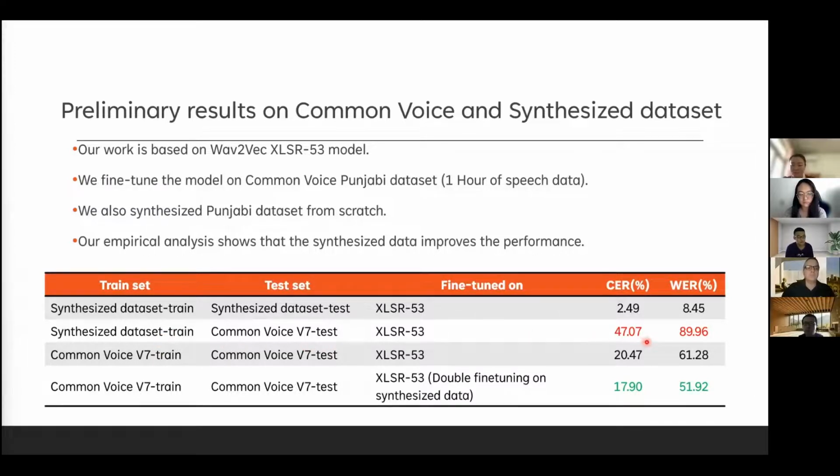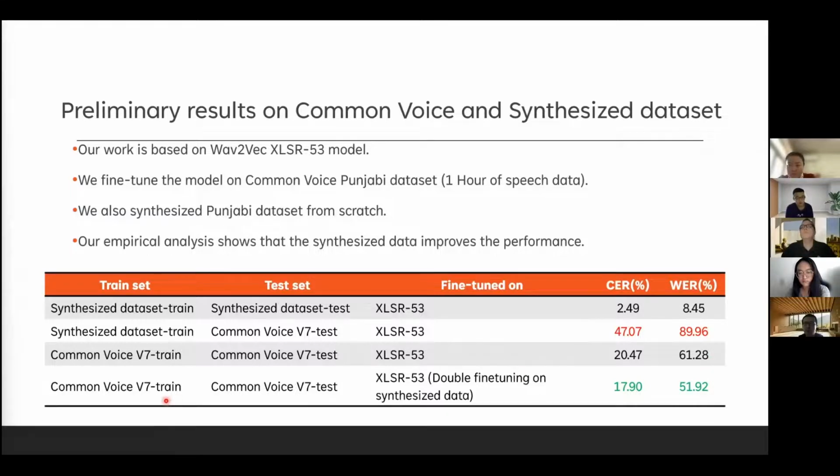So speech recognition really needs diverse speakers so that it can generalize to different data sets. We also tested our model on the Common Voice train set and Common Voice test set, and we achieve 20% character error rate and 61% word error rate.